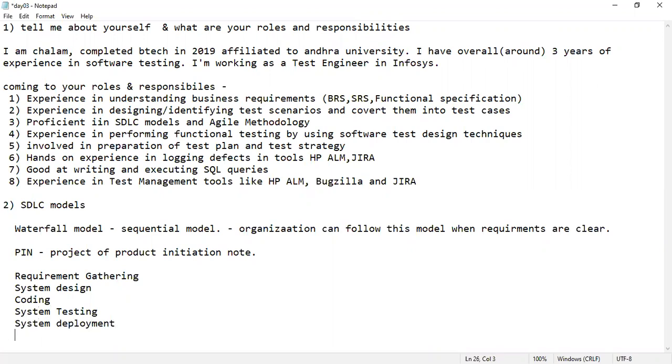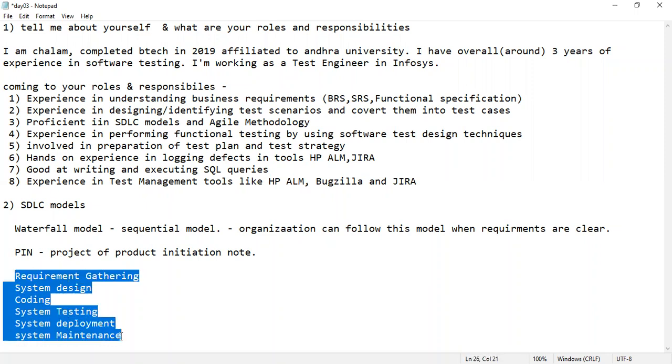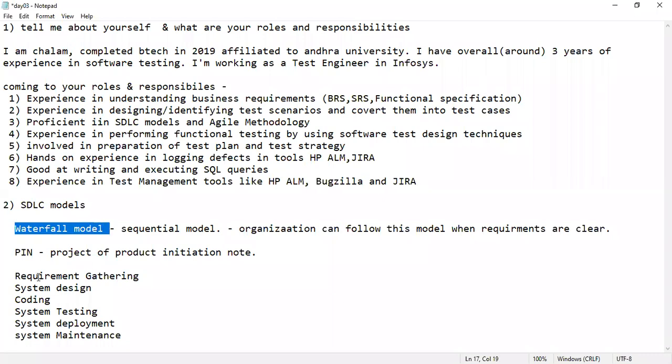Next, system maintenance. Okay, so these all are the phases in the waterfall model. So moving to requirement analysis, this is the first step.